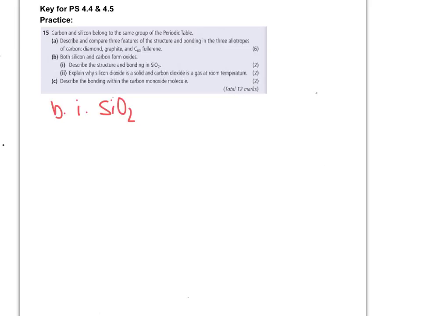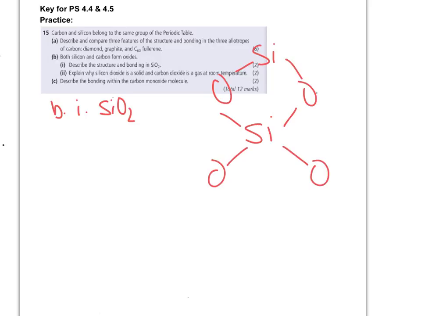So it makes this much larger structure of, I've got Si with 2 oxygen here and then another silicon here, but then it's also got 2 more oxygen down here, but then they're bonded to another silicon.